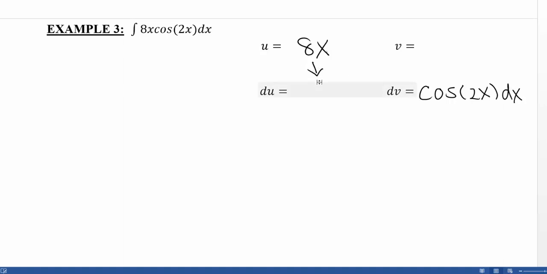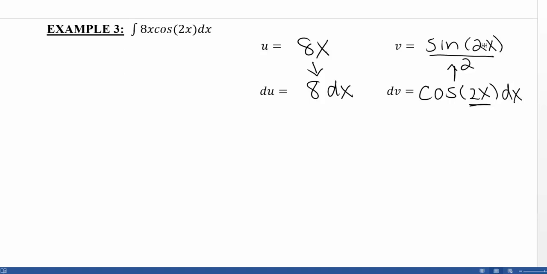Now I need to take the derivative of 8x, which gives me 8 dx, and the antiderivative of cosine. So the antiderivative of cosine, we have to remember that if there's a number that's in the argument, we have to divide by that number in the end, right? So the antiderivative of cosine is sine, so we have sine of 2x, but we have to divide by 2 because we're taking the antiderivative, so we divide by that constant.